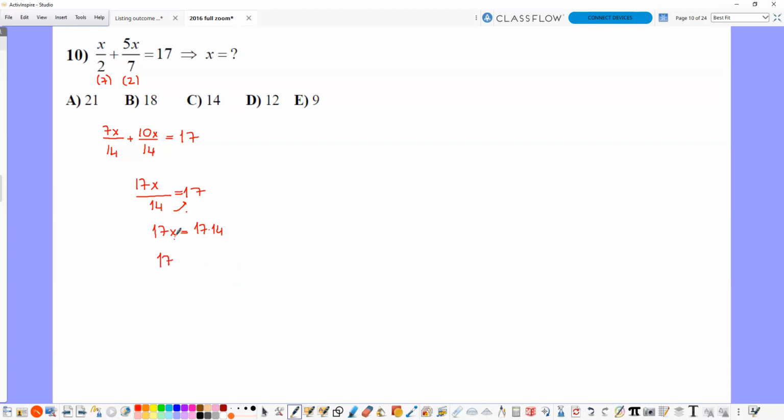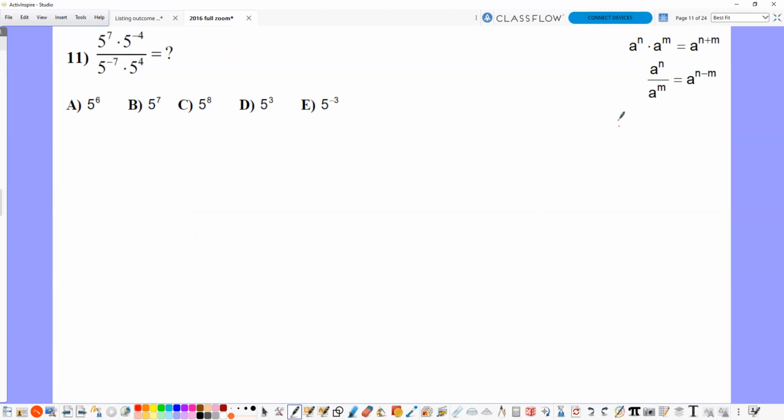This is 17x, and it means that it is 17 times x. And if it's equal to 17 times 14, it's obvious that x is equal to 14. Because when you simplify the 17s, x is equal to 14, and that's equal to C.